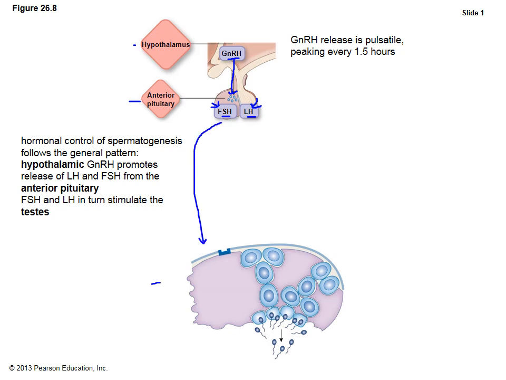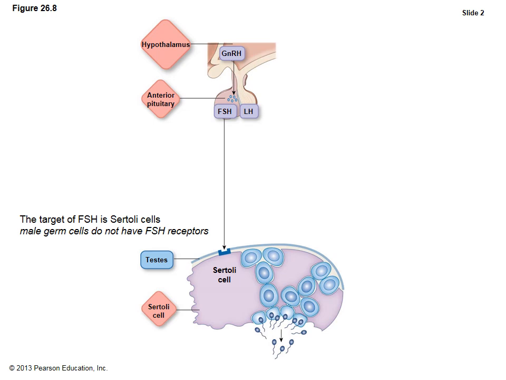In this case, we're specifically looking at the hormonal control of spermatogenesis. So they are traveling to the male gonads, or the testes. The specific target for follicle stimulating hormone from the anterior pituitary is the Sertoli cells.